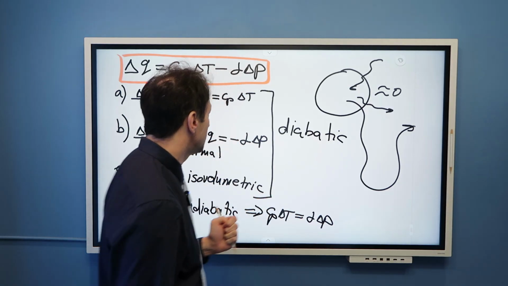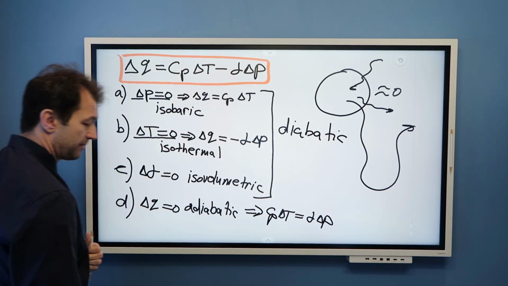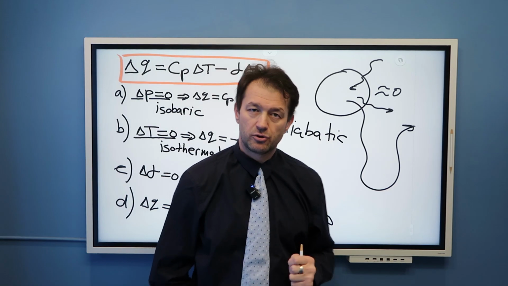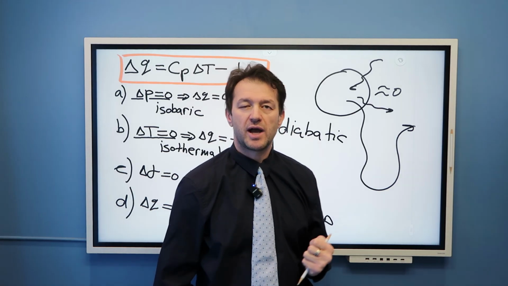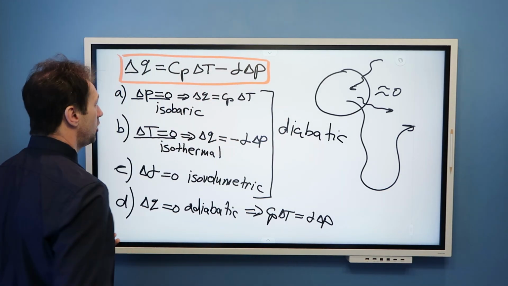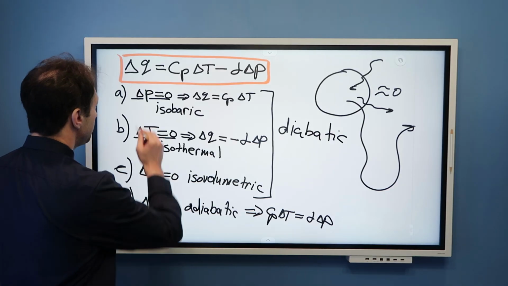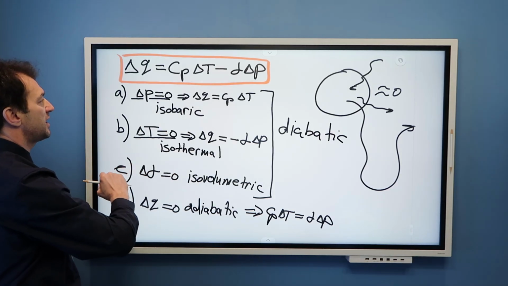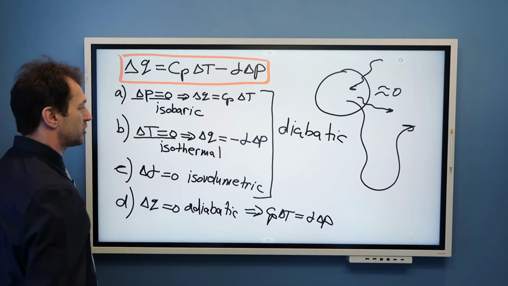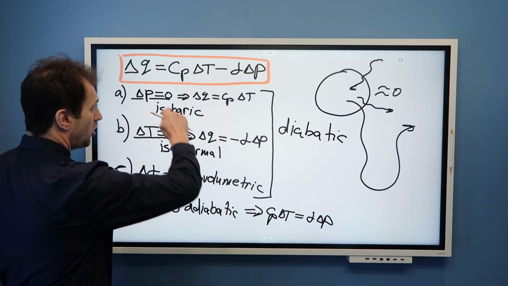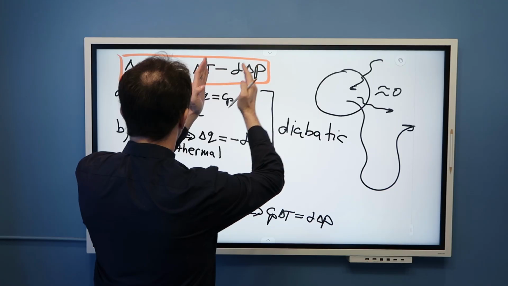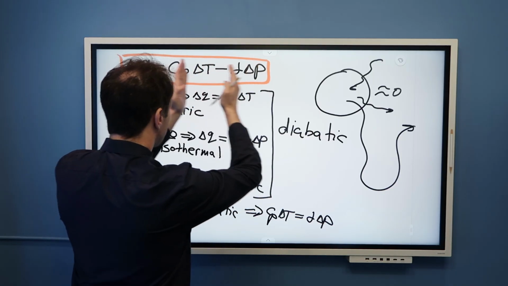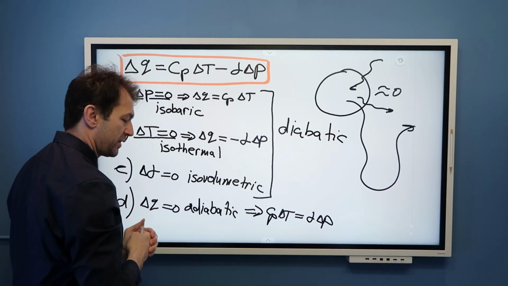Lastly, I would like to say there is also a second law of thermodynamics, which I'm not going to have an entire video on in this fundamental playlist, but I would like to tell you here that the second law of thermodynamics tells us if you supply heat to a system, you can never actually have a perfectly isothermal process. In other words, you will always have some split between heat going into doing work and heat going into increasing temperature.